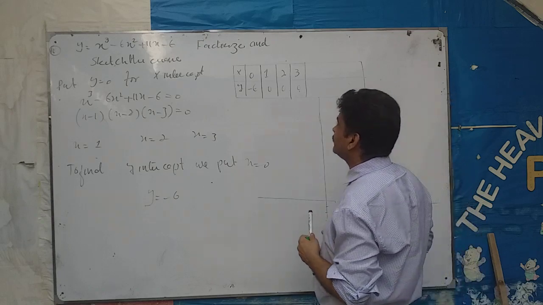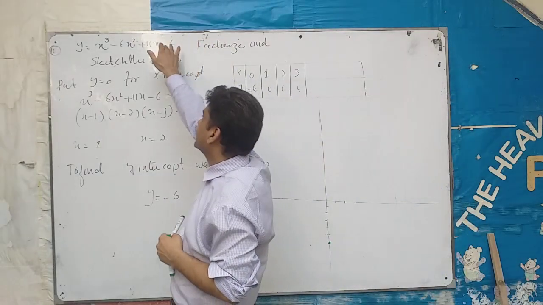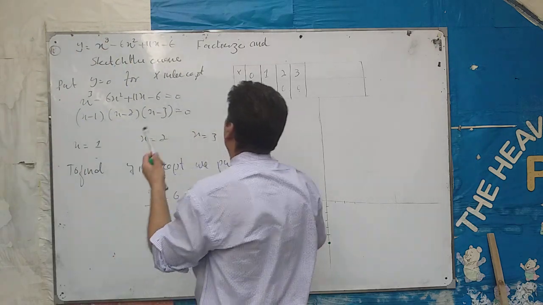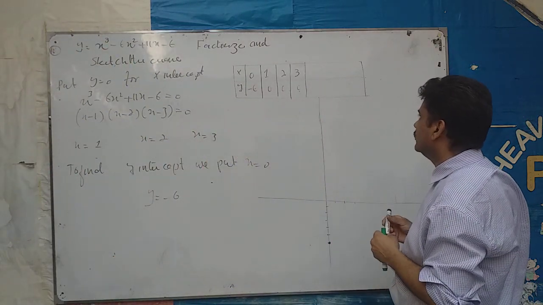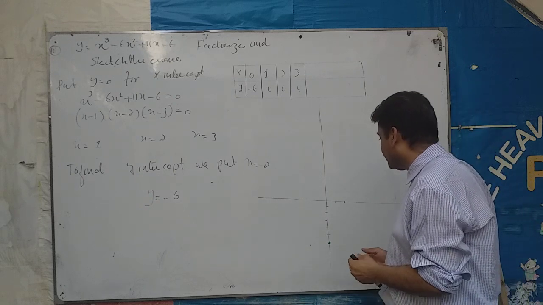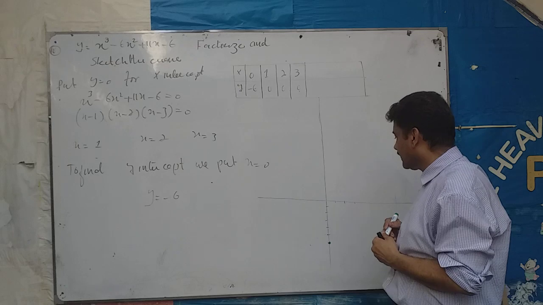When we take x equal to 4, for example, we get a high value of y. Now we draw its graph. To draw it, we have to join these points.